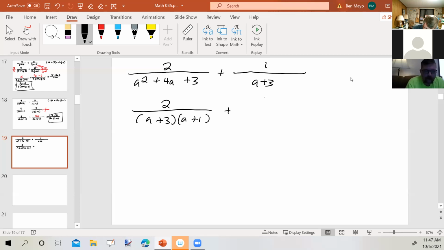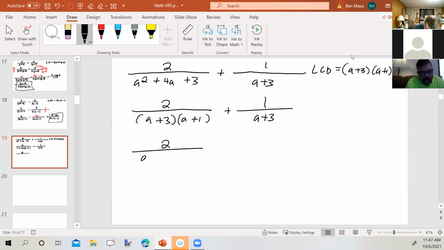The second fraction remains 1 over a plus 3 because I can't factor it any further. So my LCD is a plus 3 times a plus 1. So in this case, the first fraction already has the least common denominator.